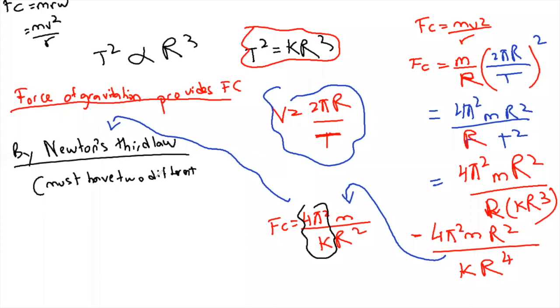What this means is we have the force acting in both directions. So that's why I'm going to write this like this. Fc is equal to 4 pi squared mM divided by kr squared.